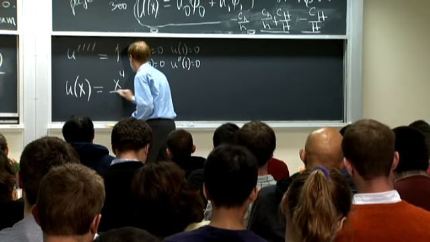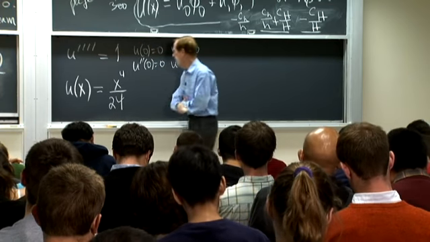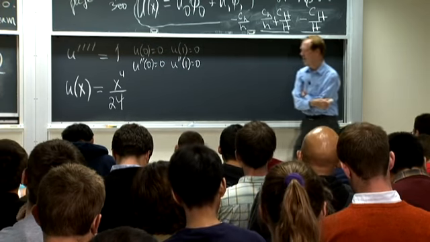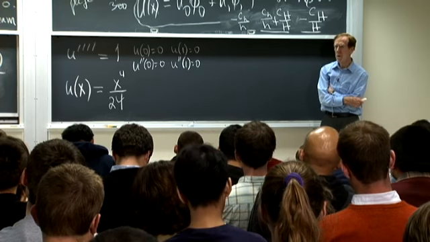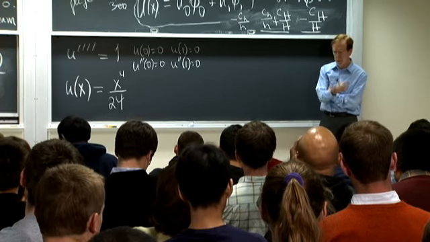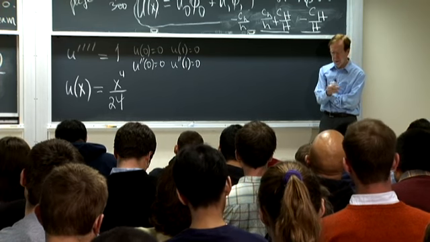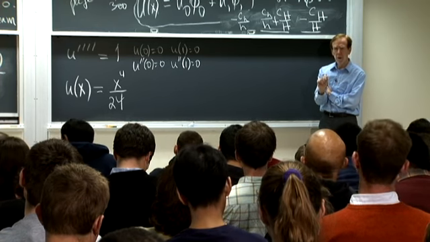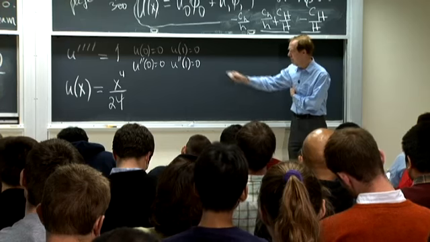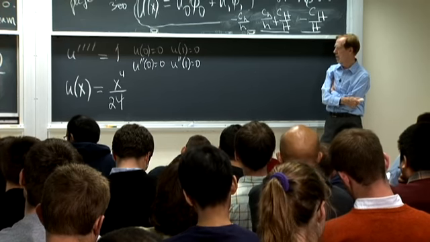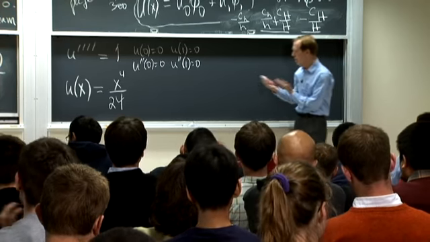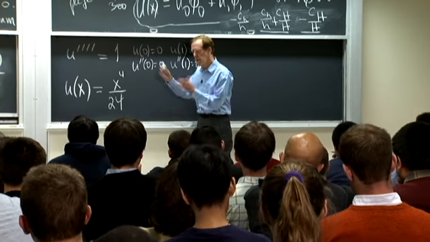X to the 4th over 24? Because 4 derivatives, we're in the polynomial world here. Just as we were with u double prime, with the bar, it was x squared over 2. Now we're up to x to the 4th over 24. So the 4th derivative is 1, good.